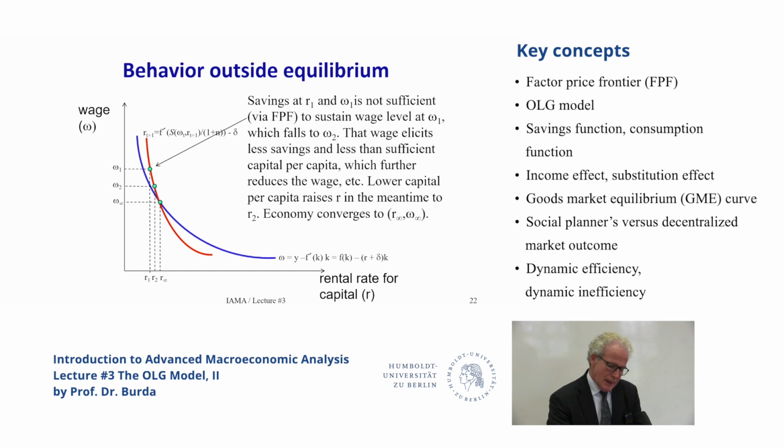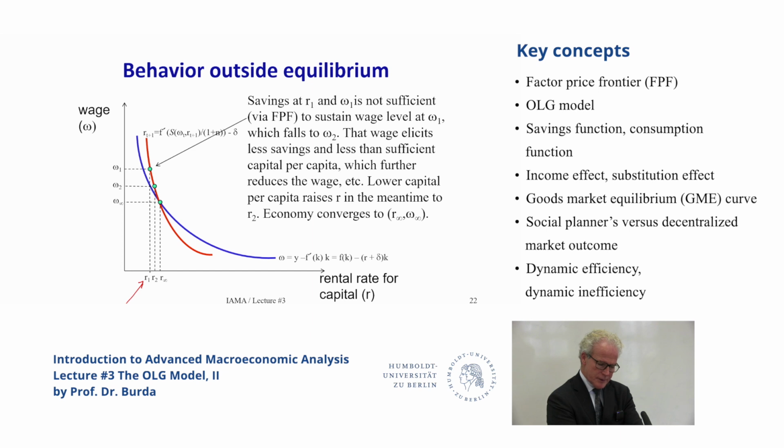Okay, so we can again take another condition where the wage is very high. Okay, so at R1, so I'm actually doing what I tried to do with my pointer before on the slide. So at R1, the savings that is forthcoming at R1 and omega 1 is insufficient to pay the wage that is being paid at W1.